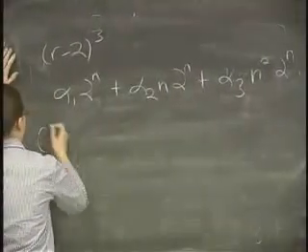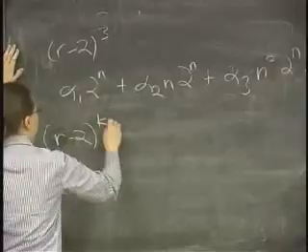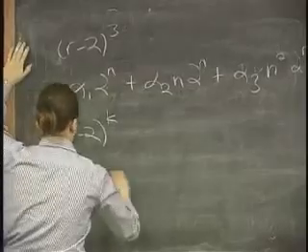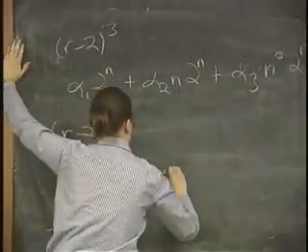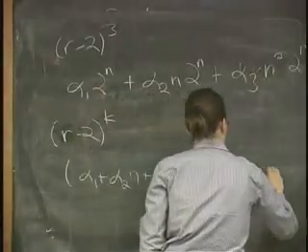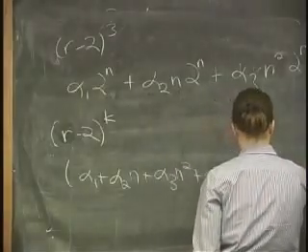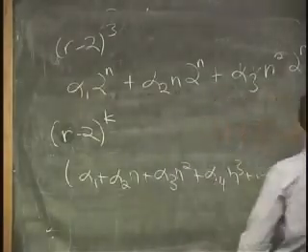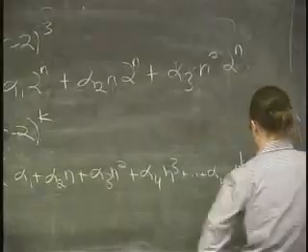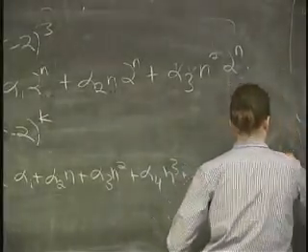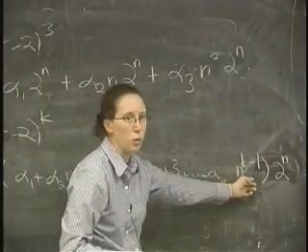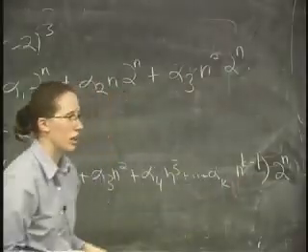So if I have r minus 2 to the k, my solution looks like alpha 1 plus alpha 2 n plus alpha 3 n squared plus alpha 4 n cubed, and so on, all the way up to alpha k times n to the k minus 1, times 2 to the n. So I have the general polynomial of degree k minus 1 times 2 to the n.